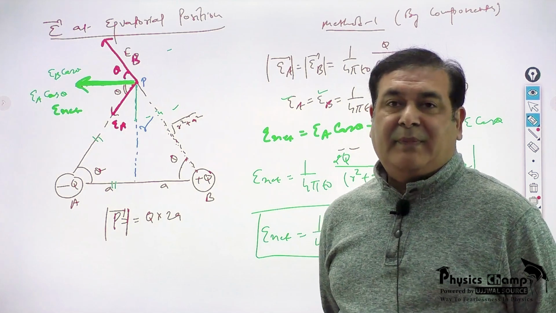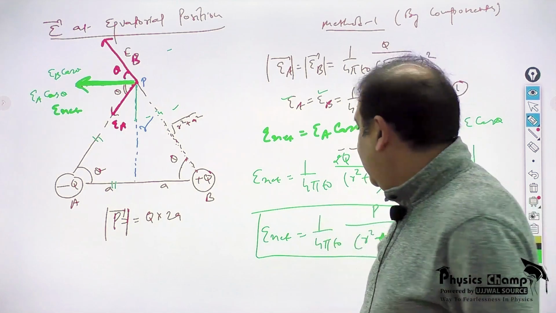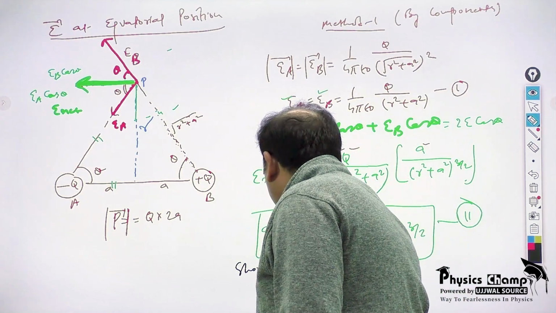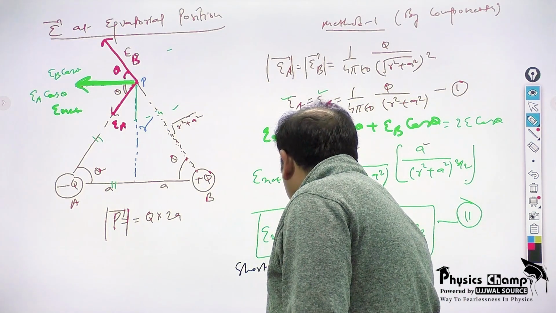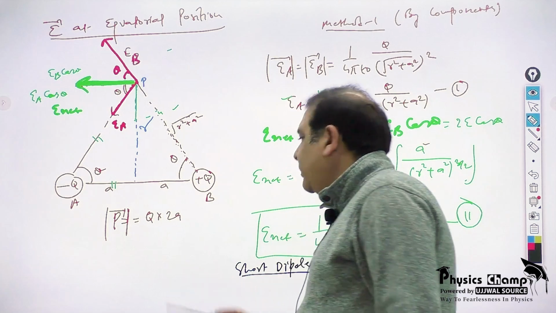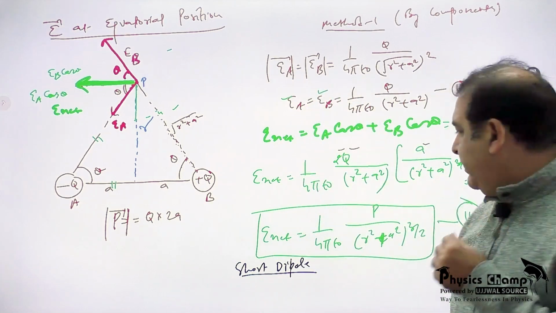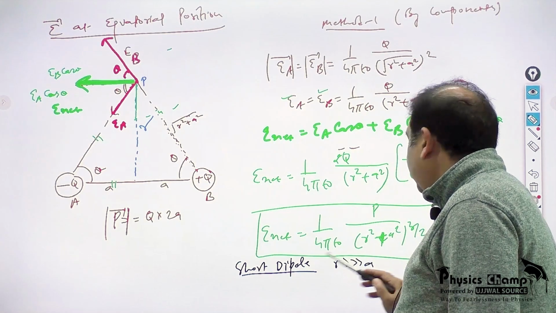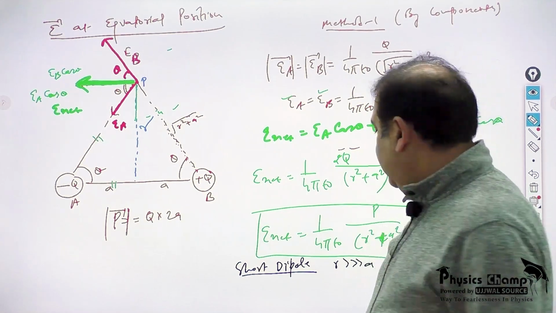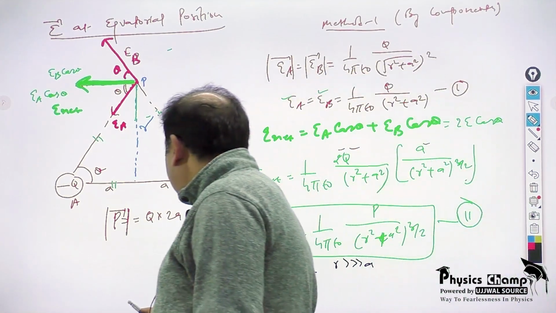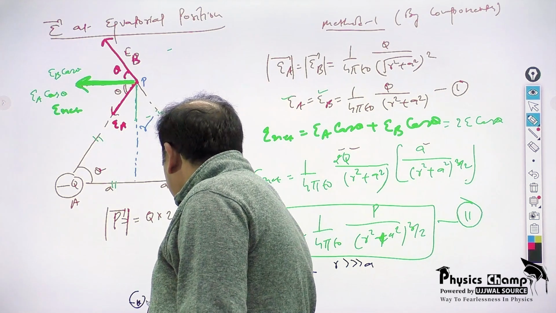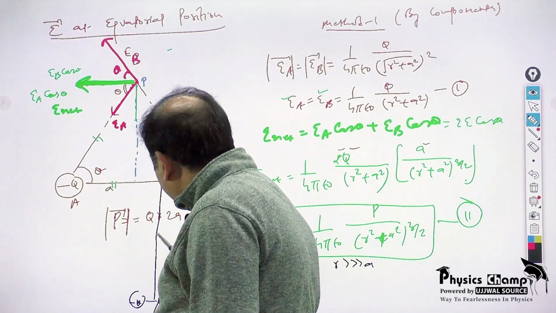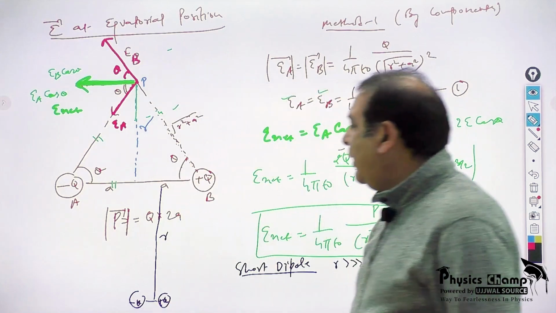Also, what about a short dipole? Like earlier we have done, what will happen in case of a short dipole? Short dipole means you have r very large as compared to a. It means this is the situation when the dipole minus q and plus q is so small that the distance r is very high as compared to a.